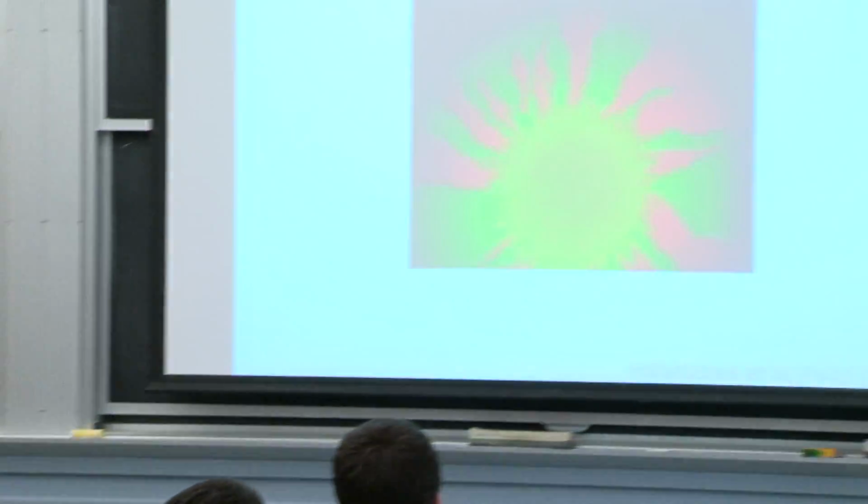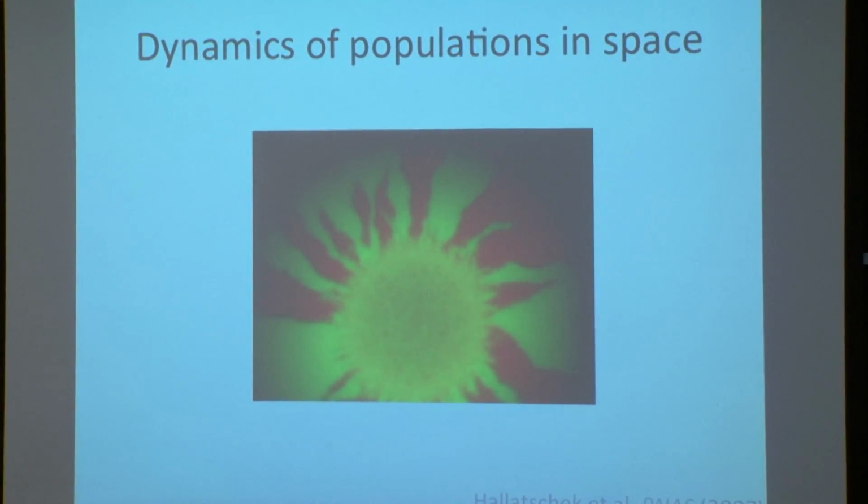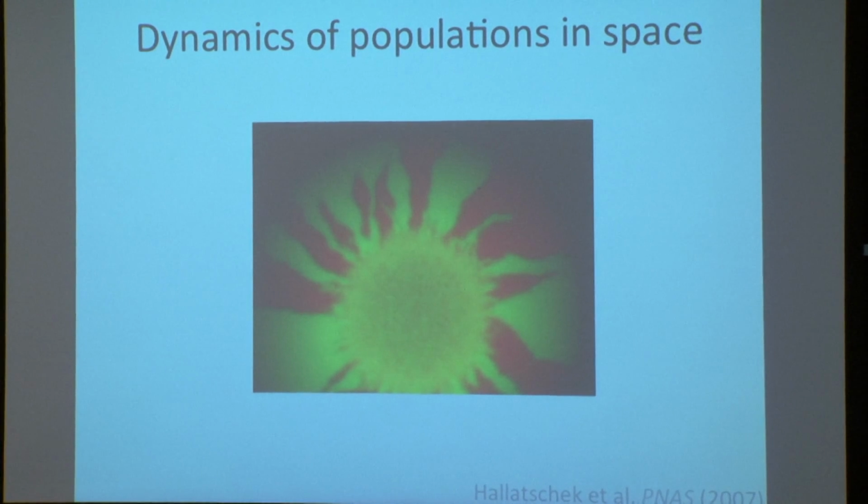We're also going to try to say something about the dynamics of populations in space. Just like these spatial patterns that we talked about before in the context of gene networks, there are also dynamics of populations in space. For example, when populations expand into new territory, what does that mean about the evolutionary process? Once again, some very nice experiments have been done over the last decade to try to illuminate this process.